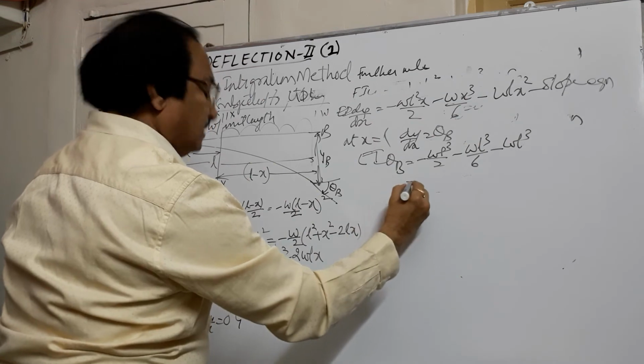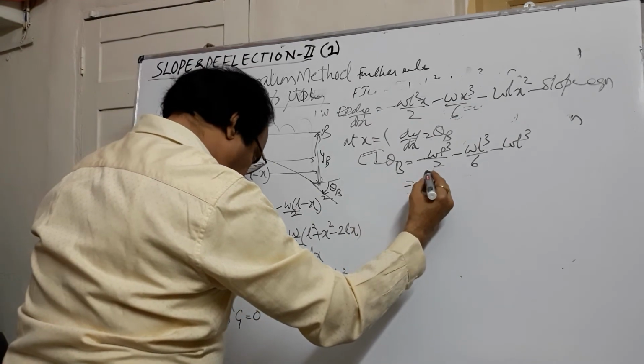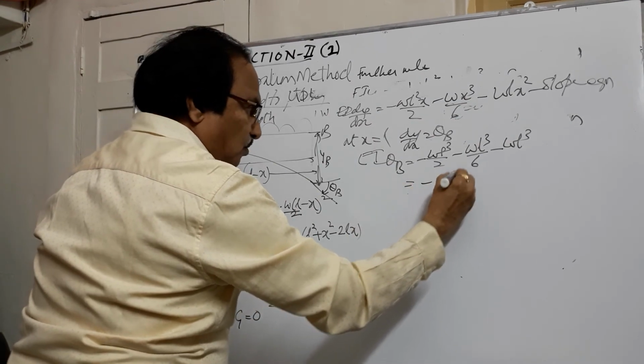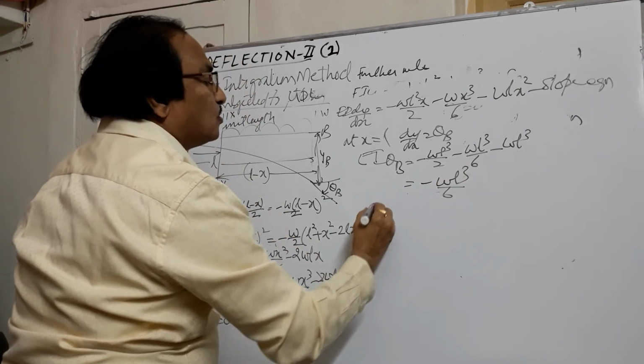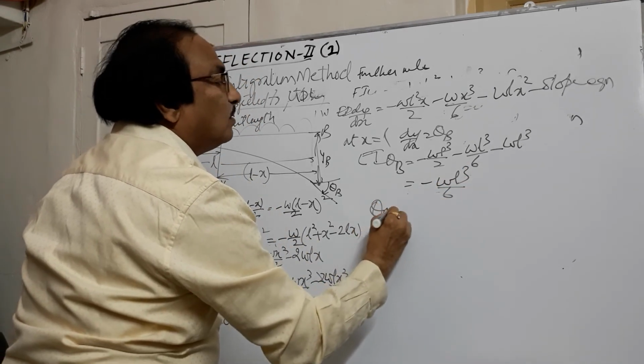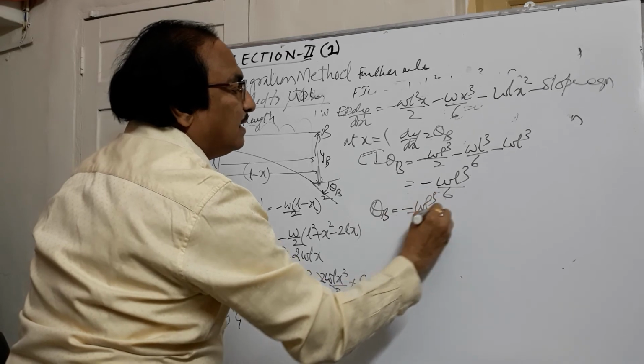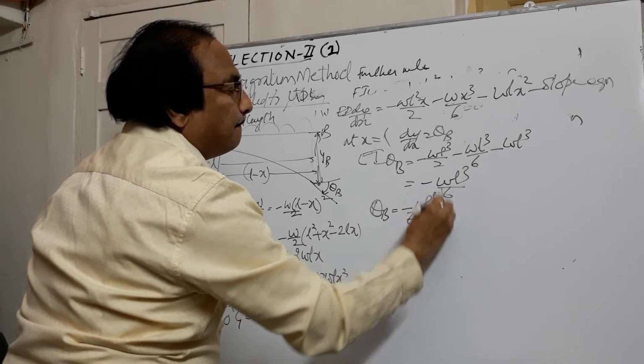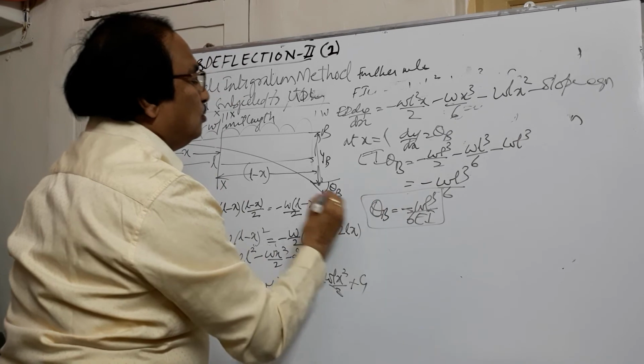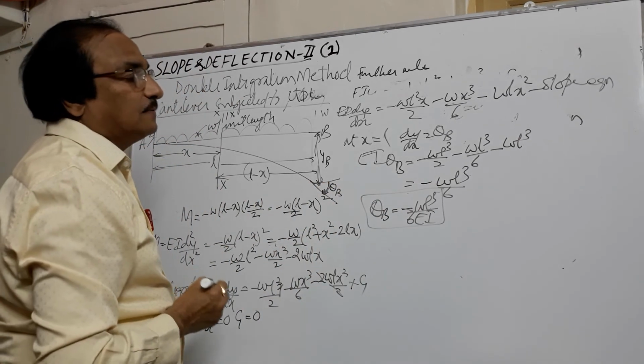If you simplify this, you get the value as minus WL cube by 6. So theta B will be equal to minus WL cube by 6EI. It is negative because it is clockwise.